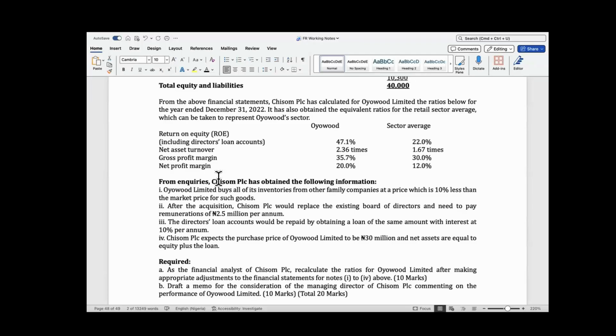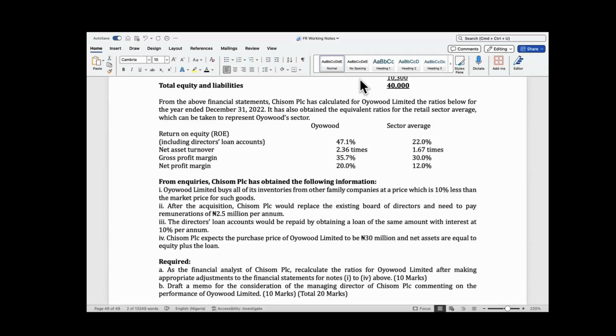Three, the director's loan account will be repaid by obtaining a loan of the same amount with interest at 10% per annum. Four, Chisom PLC expects the purchase price of Oyo Wood Limited to be 30 million and the net assets are equal to equity plus the loan.